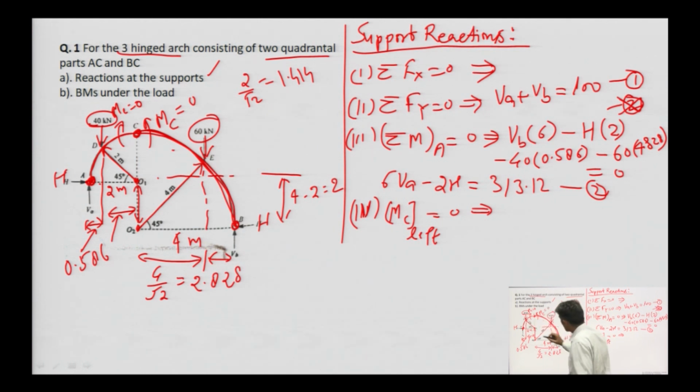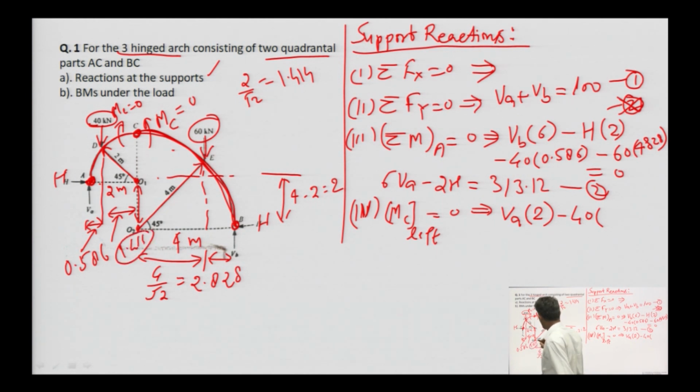V A into the perpendicular distance, which is 2, minus 40 into the perpendicular distance that we have calculated, under root 2, means 1.414.